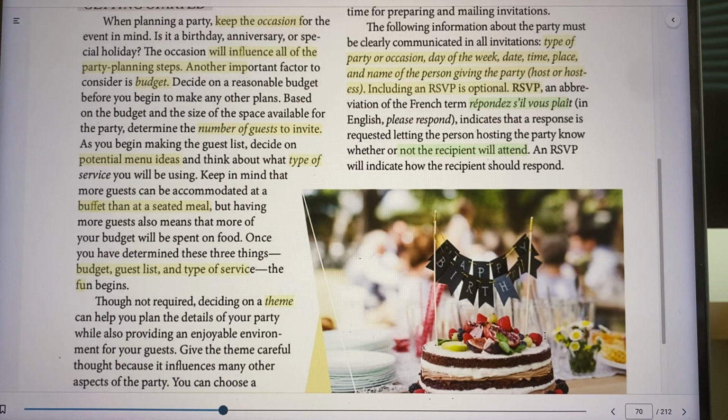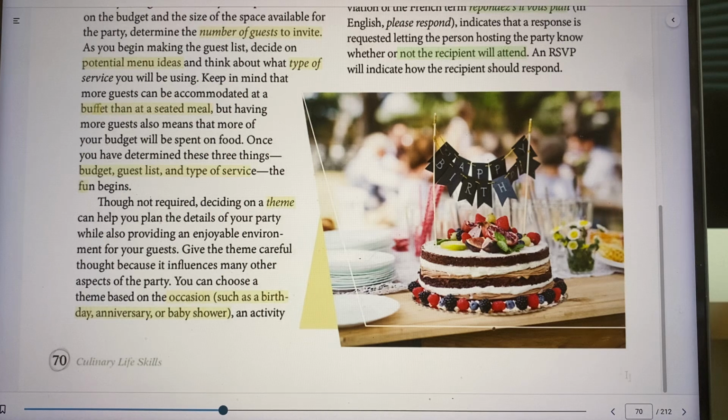That's optional, but a lot of times you want to give them that. RSVP means Répondez s'il vous plaît in French, and it means please respond. If you get an RSVP, it's good to respond to them right away and tell them if you can't attend, because otherwise they're going to think that you're going to be there and they're going to plan for more food for you. So RSVP is a good thing to have, usually, especially in a formal party.